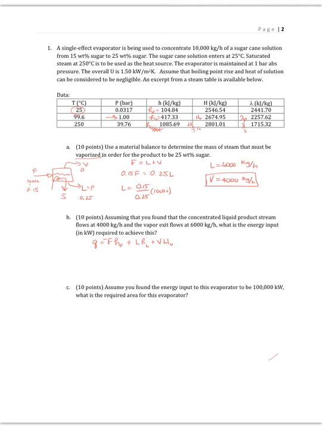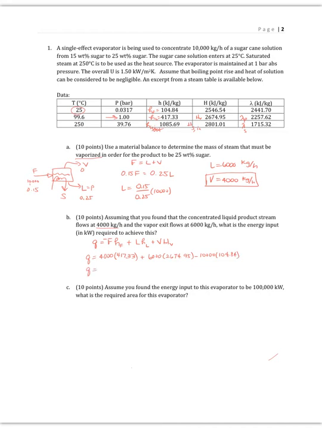So if you do this, then Q is, and using these flow rates, which are not the same as you had just a moment ago, 4,000 kilograms per hour times 417.33 plus 6,000 kilograms per hour times 2674.95 minus 10,000 kilograms per hour times 104.84.